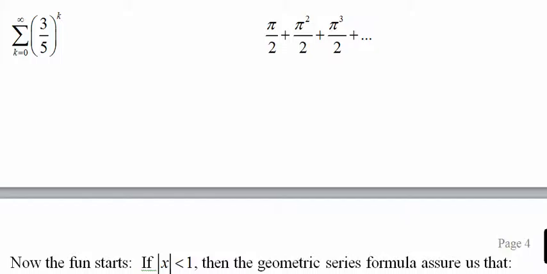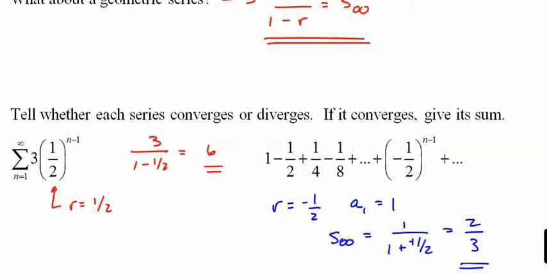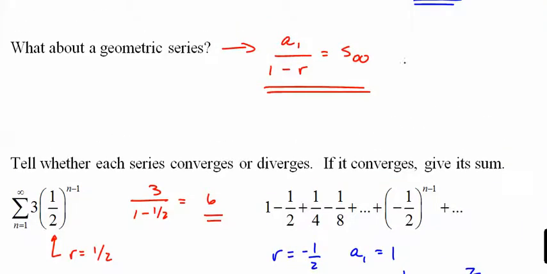And then this one, put in 0, we get A1 equals 1. R equals 3/5. Notice that this formula only works, probably should have mentioned that earlier, if the absolute value of R is less than 1, not equal to, less than 1.